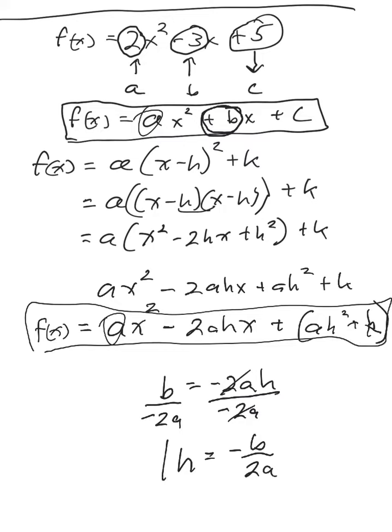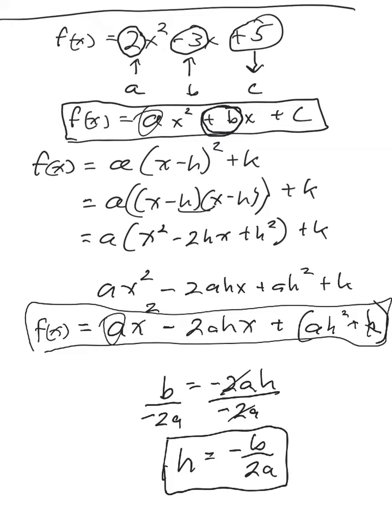So what that says is that even if I have a formula in standard form, I can still find h, the x value of the vertex, and then plug that value in to find the y value of the vertex. So say we get a quadratic that's not in points and not in vertex form, I will still have the ability to graph it pretty quickly.